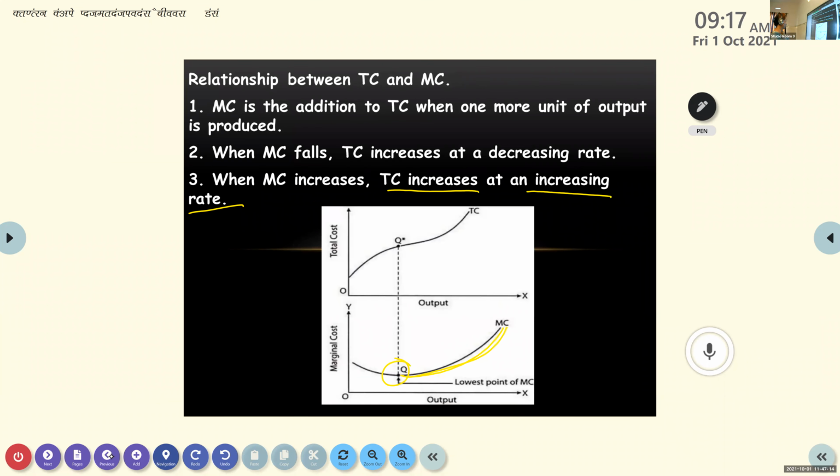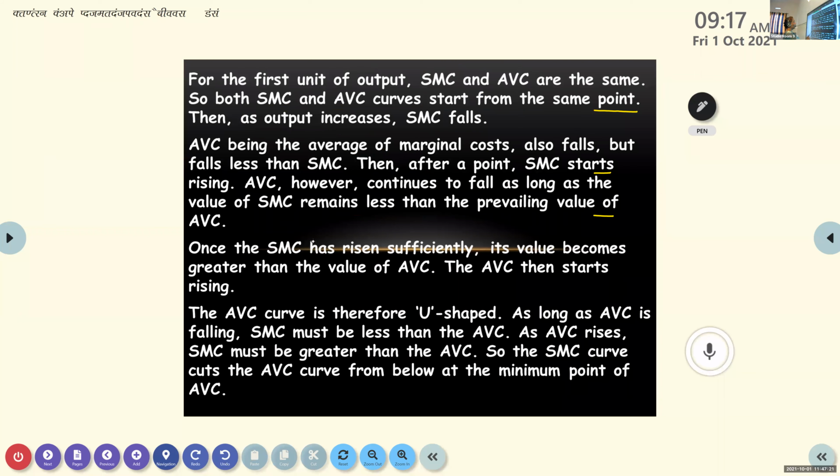Now once more, AVC falls, but the fall is less than SMC. After a point, what happens? SMC starts rising, and that time also AVC falls. AVC falls till what point? Till the point where SMC is the same as AVC. Till that point, AVC continues to fall.